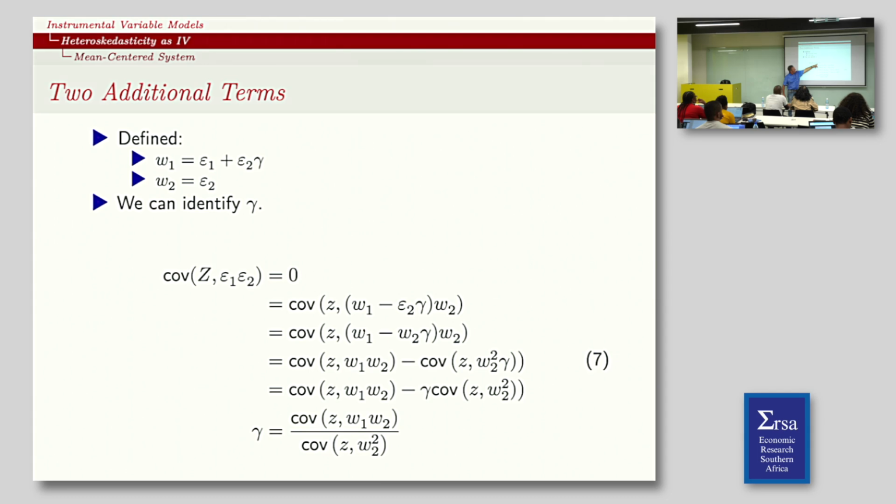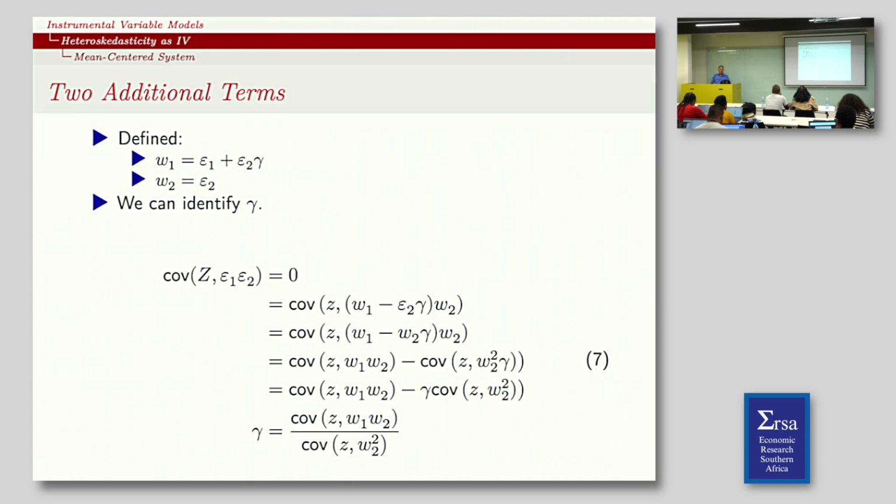Because by assumption that is equal to 0, I can find gamma by essentially rearranging and dividing this term by that term, right? So gamma, which is this linear combination of the error terms, the slope really, is identified by the covariance between Z and these two W1, W2 terms, and then the covariance between Z and W2 squared.